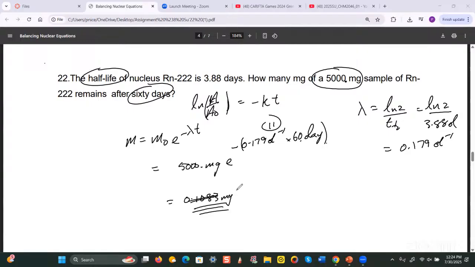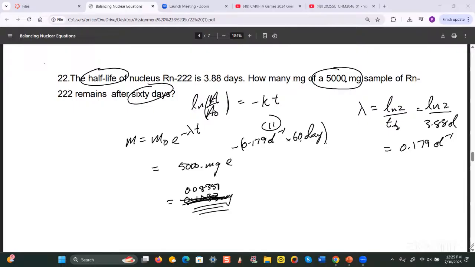Okay, so when I redid that, I got 0.08351. Okay. So that would be the answer for that part. Okay. Any other questions? Any other questions before we move on?